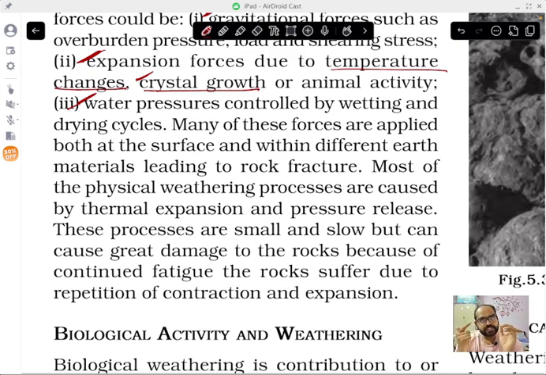And during winter season, this water gets crystallized into ice. Okay, whenever it gets crystallized into ice, it expands and contracts due to these winter and summer cycles. The water molecules get contracted and develop into crystals, and again they get expanded and develop into water in summer season. Due to this contraction and expansion of water, cracks are developed in the rock material. That is physical weathering due to water pressures.